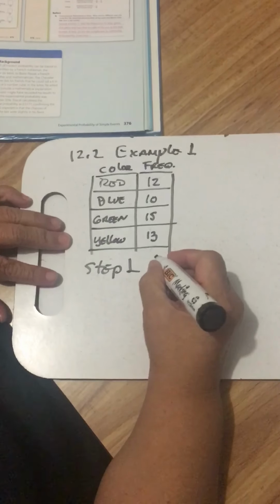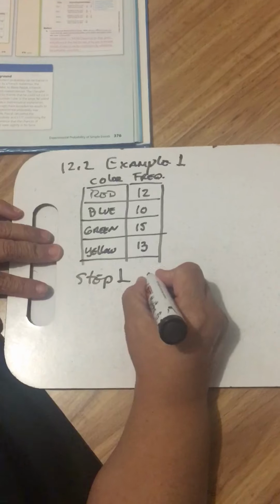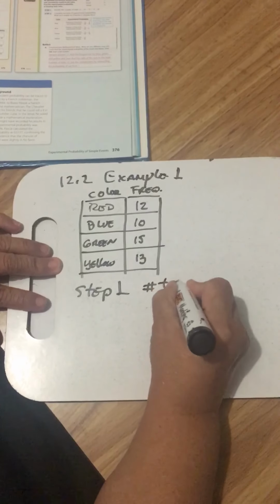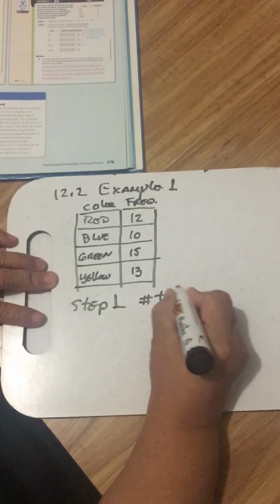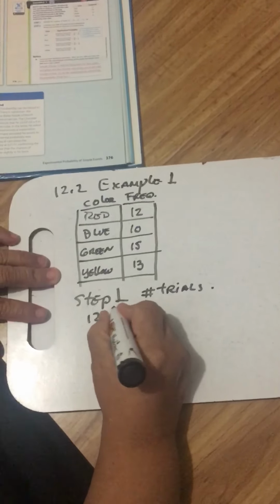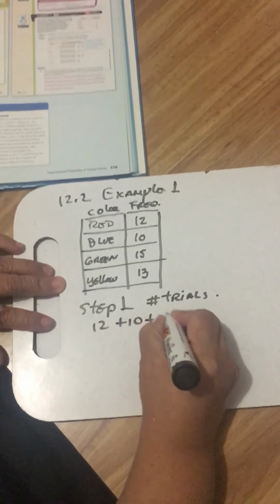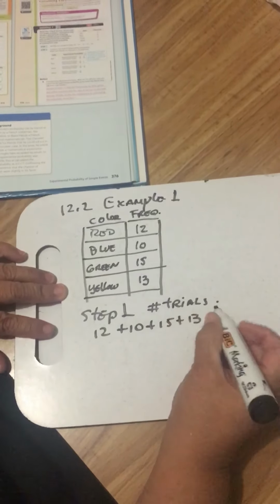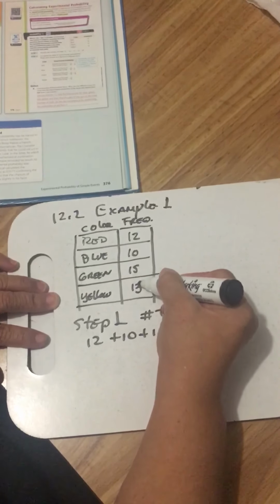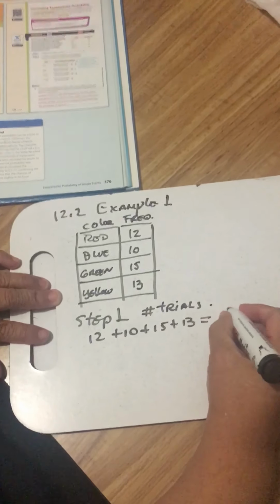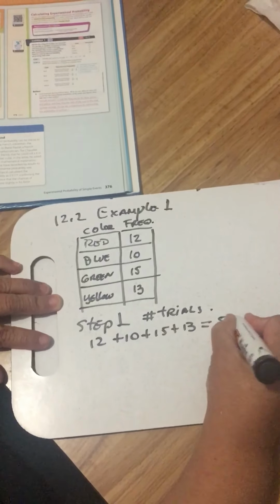Identify the number of trials. Now we have 12 plus 10 plus 15 plus 13. If you check, we have to sum the frequencies, and we obtain 50.